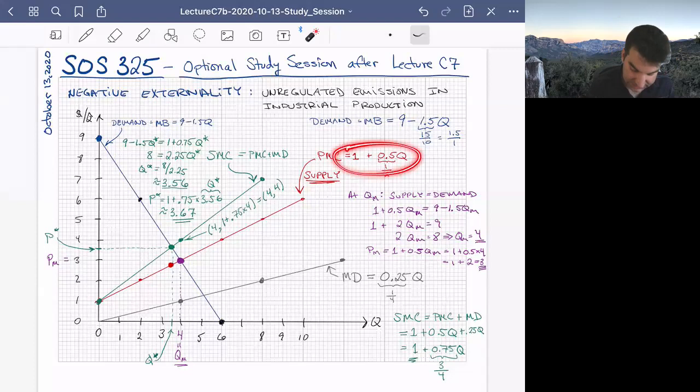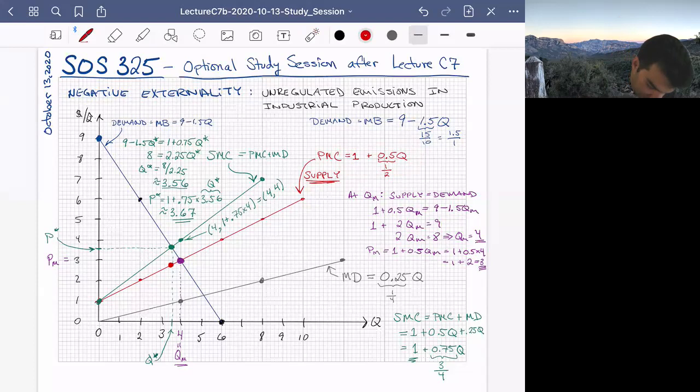The private marginal cost is 1 plus 0.5 Q. So this point is Q star, which is 3.56, and on the y-axis 1 plus 0.5 times 3.56, which is 2.78.